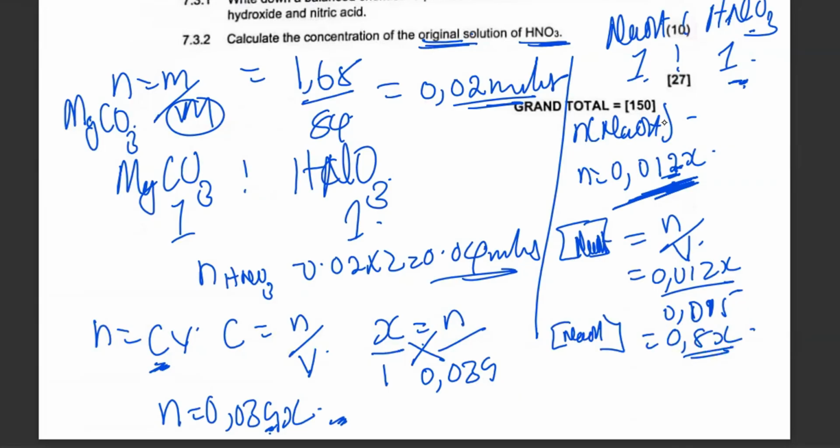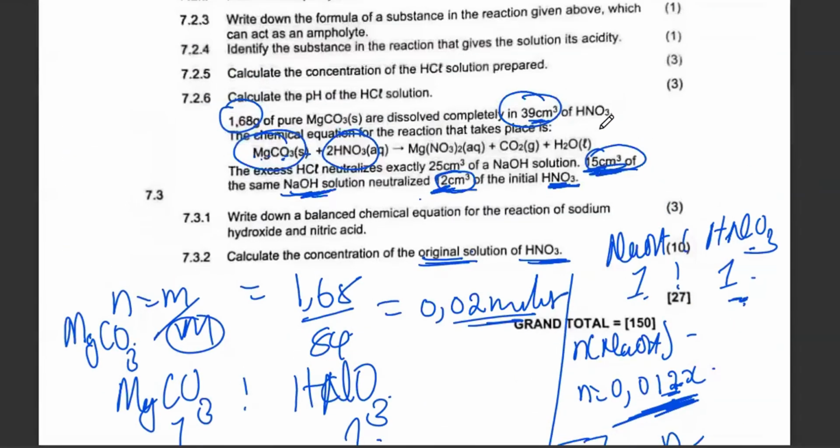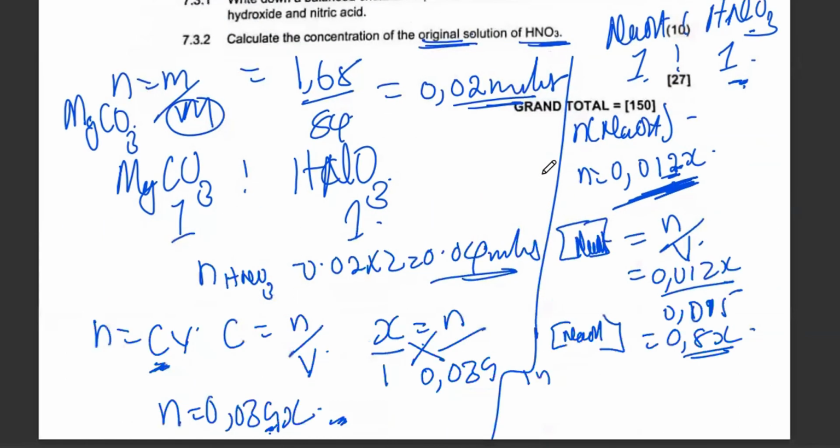Now, since I know that, I can know what is there in 25 cubic centimeters of sodium hydroxide, which they mentioned here. I just multiply 0.8x times 25 divided by 1,000, which is 0.025.